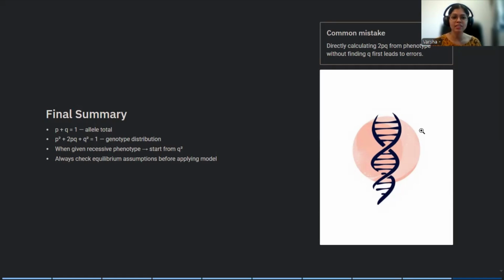When given the recessive phenotype, always start from Q square, and always check the equilibrium assumptions before applying the said equation, because if there is mutation, or migration, or natural selection, or the population is not large enough, this will not fit. It will not give you accurate answers.